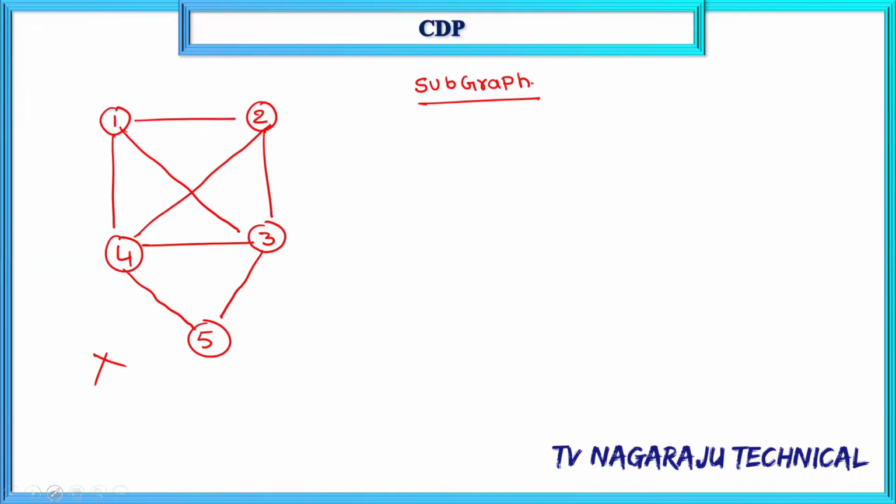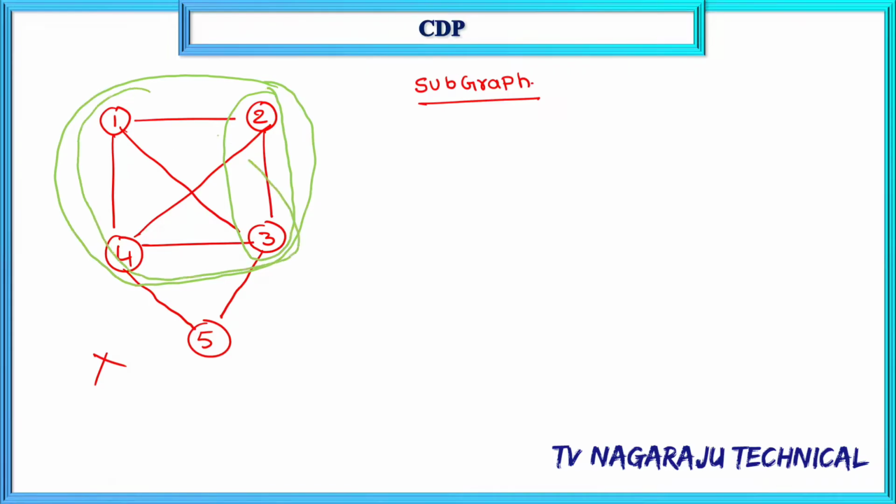For example, consider a subgraph. Consider this subgraph, 1, 2, 3, 4. One subgraph. Assume this is another subgraph. Like this, multiple subgraphs are there.